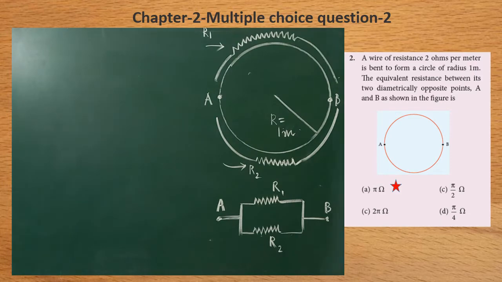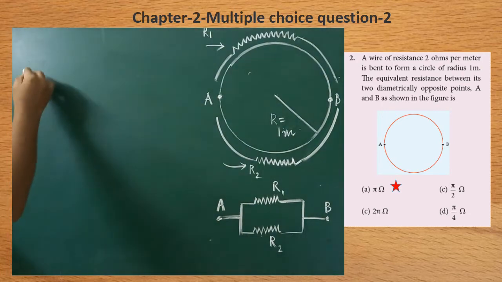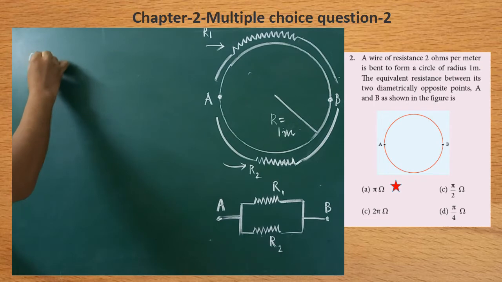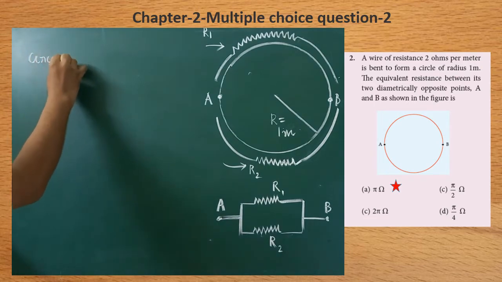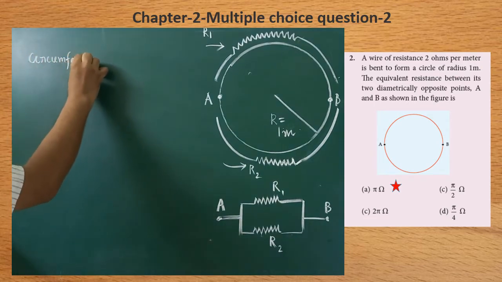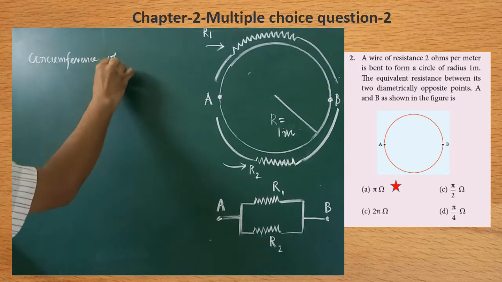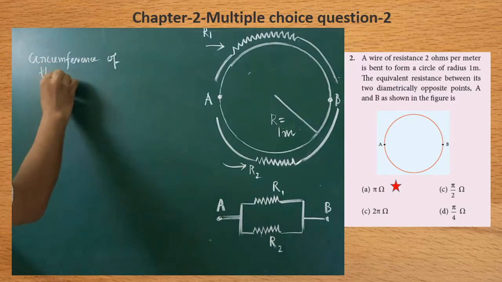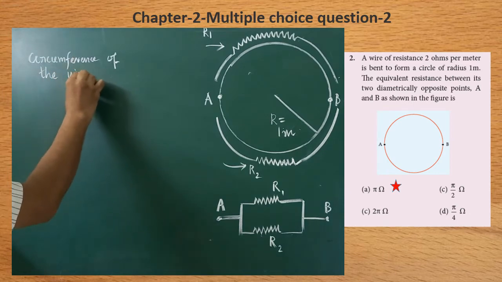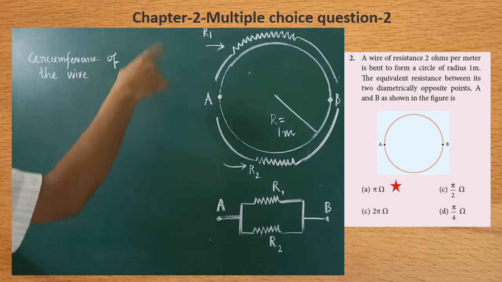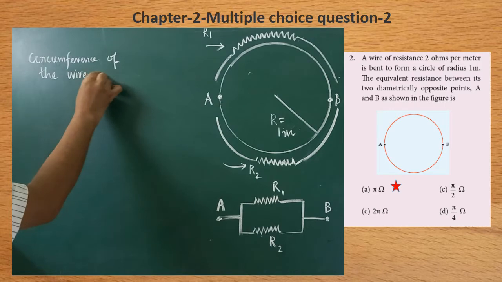So how to do the problem? With the help of the given data, we have to find out. First, we will calculate the total length of the wire, that is the circumference. We know the formula that circumference gives the total length of the wire.